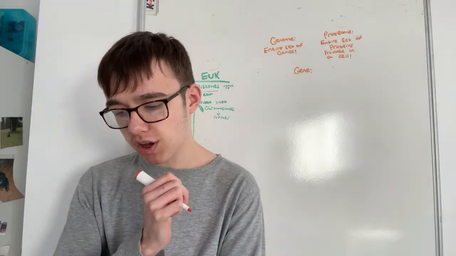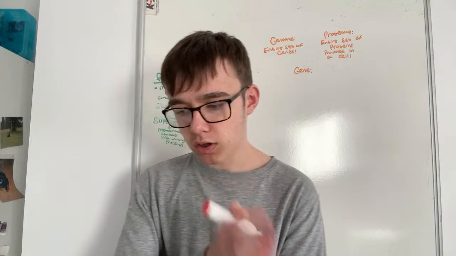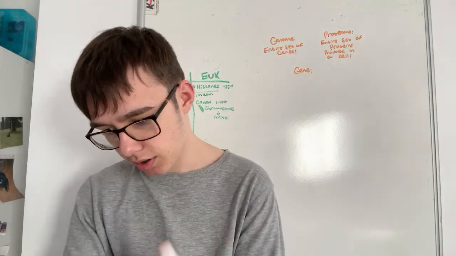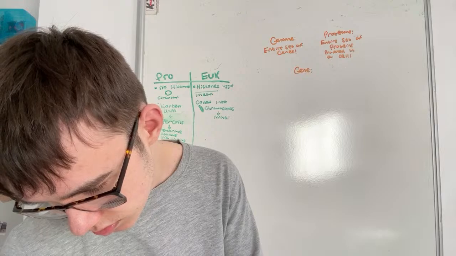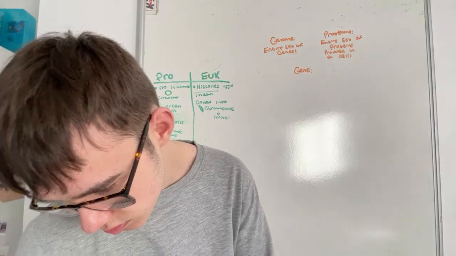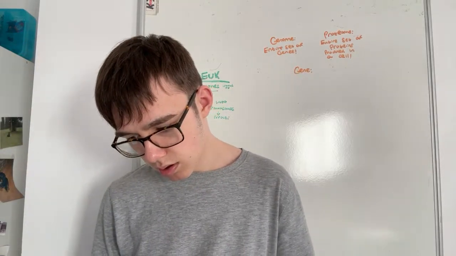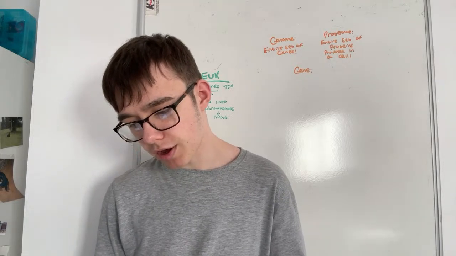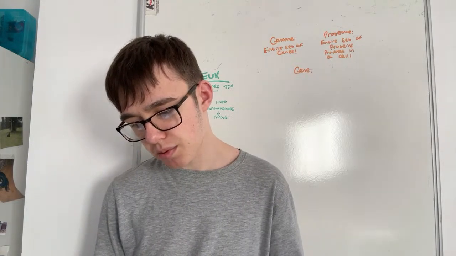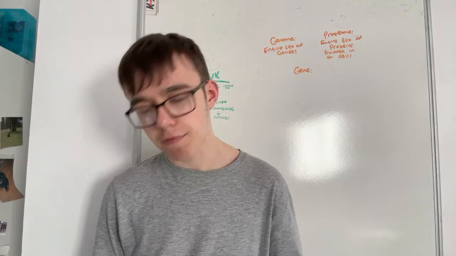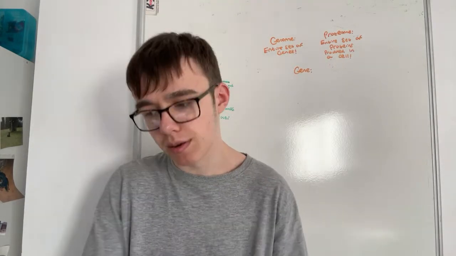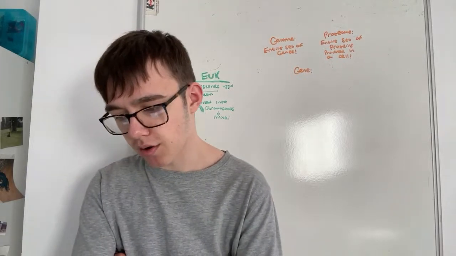A gene is a section of DNA located at a particular site of a DNA molecule. So a gene is a base sequence of DNA that codes for the amino acid sequence of a polypeptide and a functional RNA. There's a lot of information here.